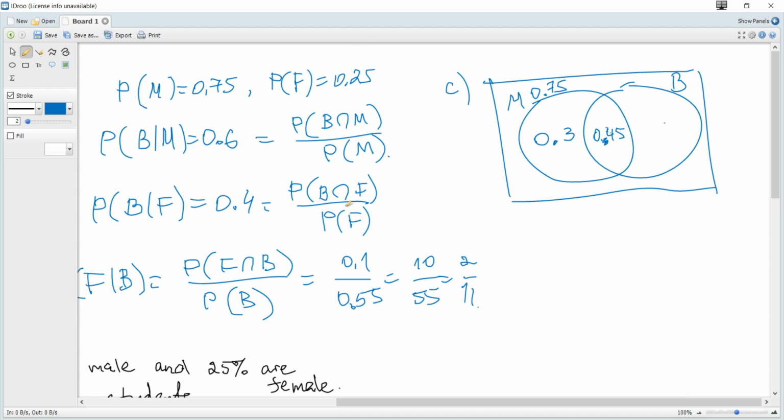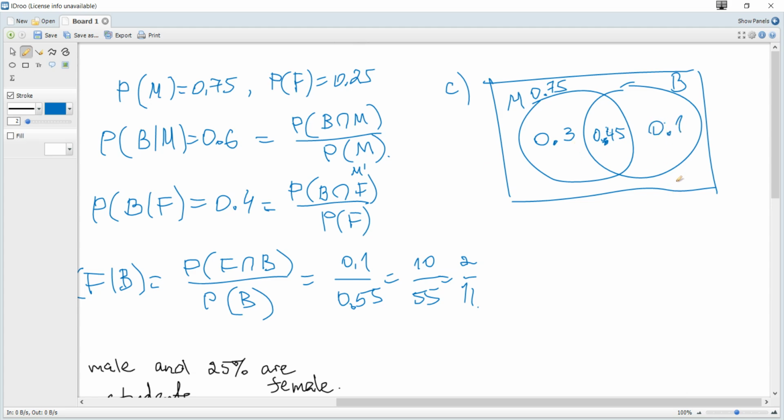Then from this B and F, but F is not male, so we get B and not male, it's 0.4 times probability of female 0.25, which is 0.1, it's this region.